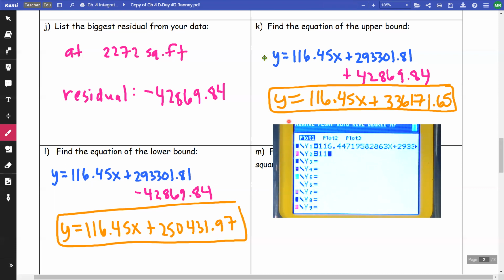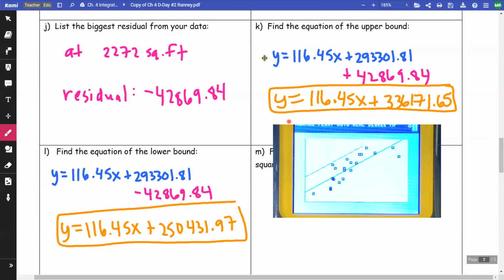So now let me put 116.45x plus 336,171.65 and 116.45x plus 250,431.97. Okay, got those two equations. If I hit graph, you'll see that's my upper bound and that's my lower bound. Now you see how it went through this one right here. That was the one that was off the most.